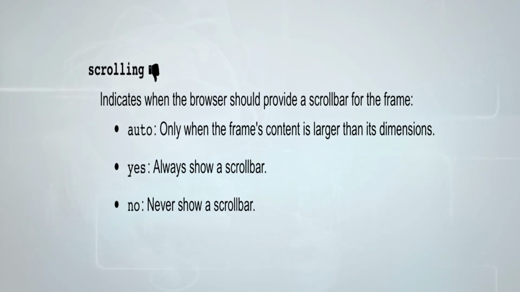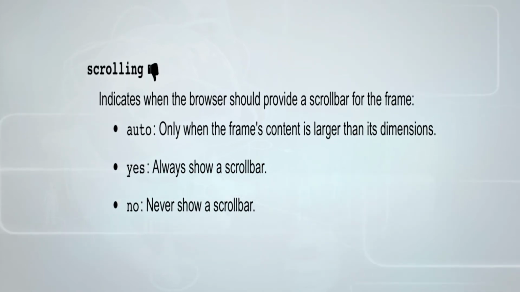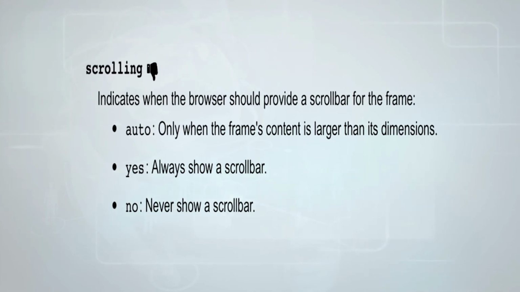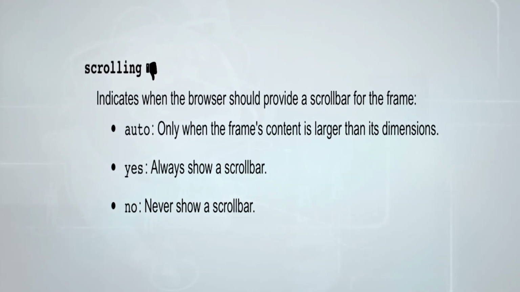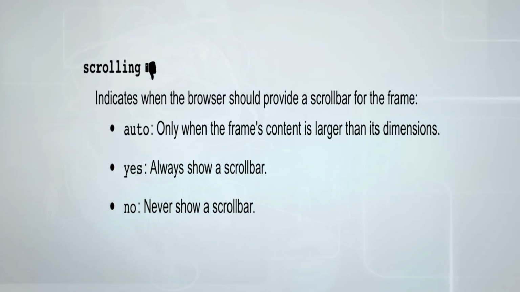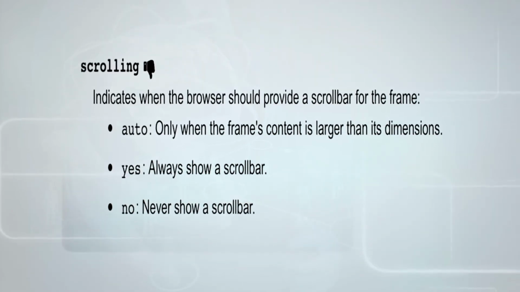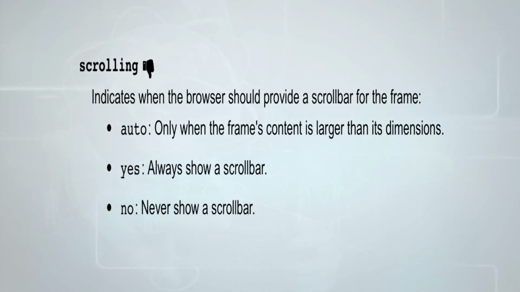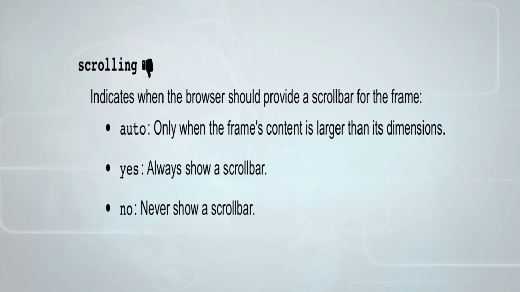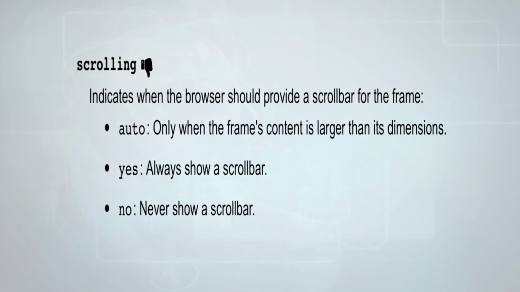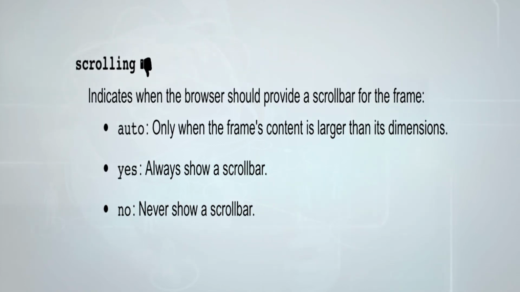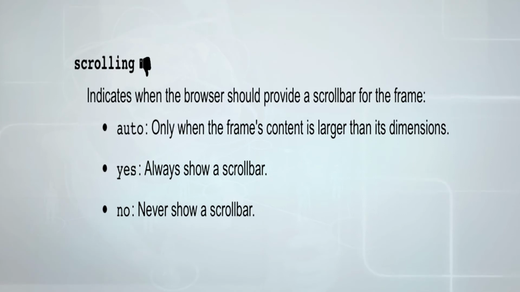It indicates when the browser should provide a scroll bar for the frame. Auto: with this option, a scroll bar appears only when the frame's content is larger than its size. Then we have yes, which means you need to show a full scroll bar. Then you have no, which means you have no scroll bar.